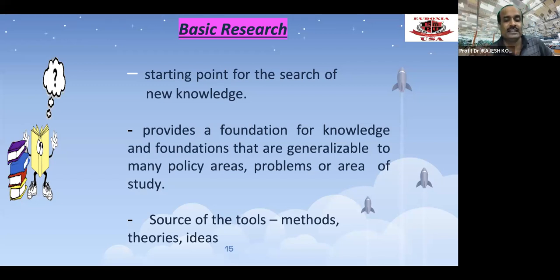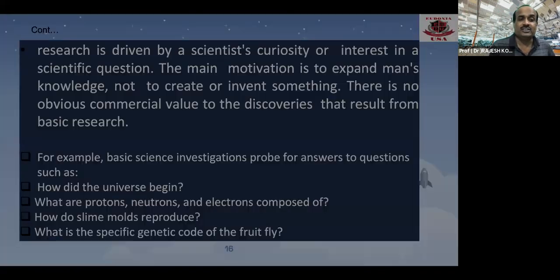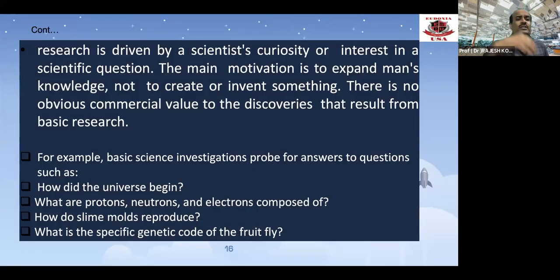You can use tools such as methods, theories, and ideas in basic research. Of course, it is not such that you formulate or test something. It is to add, because of the curiosity of the researcher or interest in a scientific question: why it occurs, to find out the reason and to add new information.